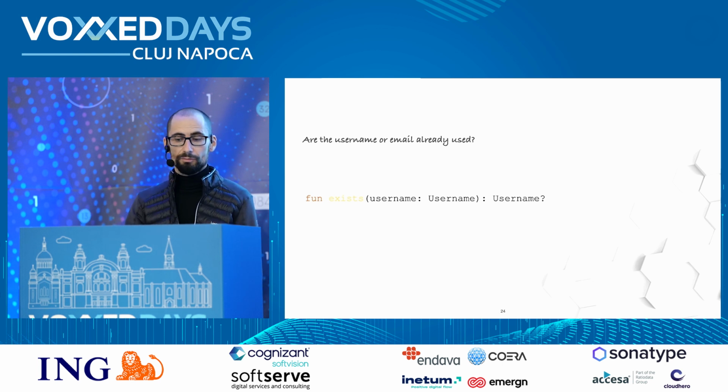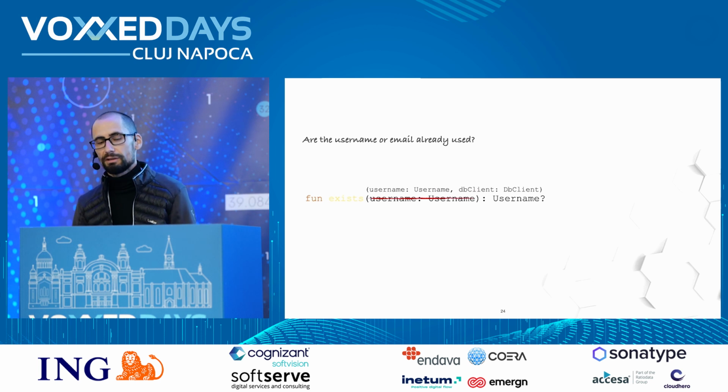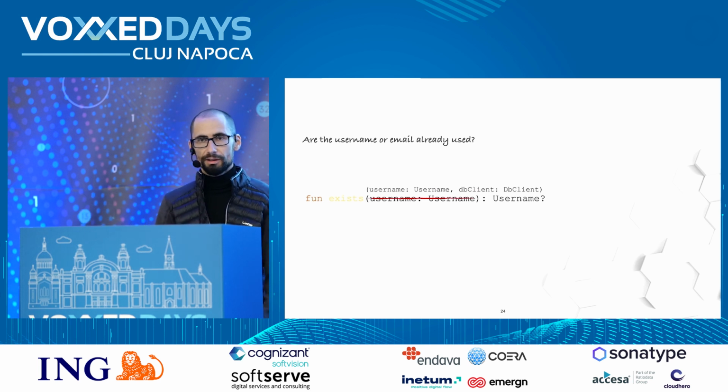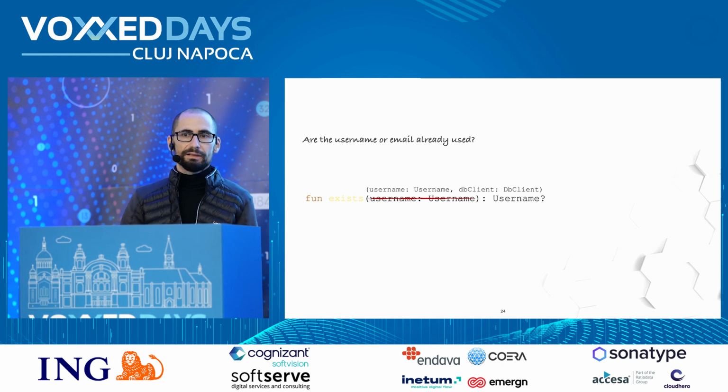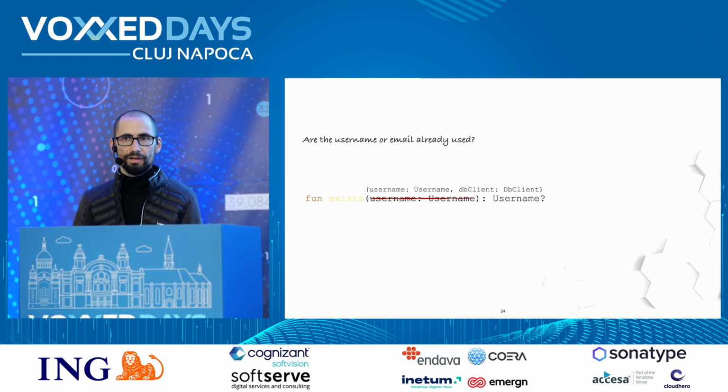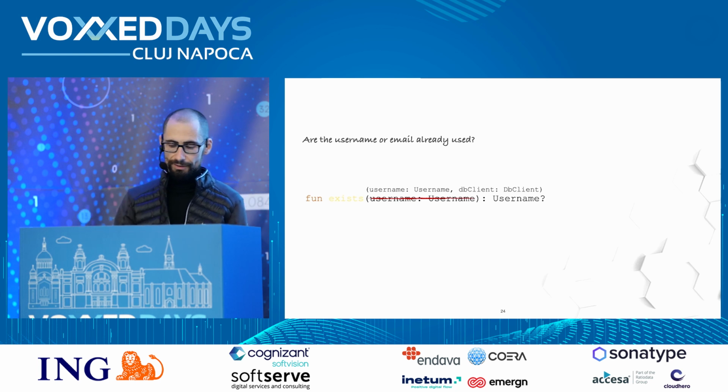However, the first problem we see here is that we are going to need some kind of database client to be able to connect to the database and execute those queries. We can pass it as an argument, but that's not very nice, because if I have to pass the database client to every function that goes to the database, it's going to look pretty strange.